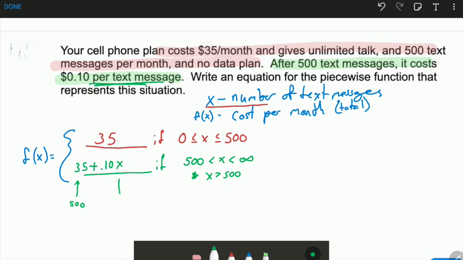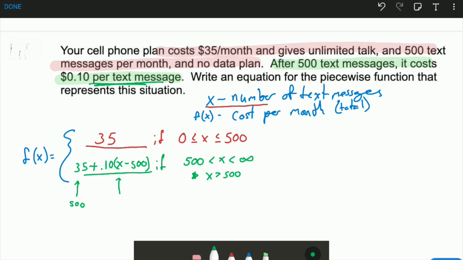If we just put it as is, that is going to be charging us for the 500 text messages twice. So in order to fix this, we need to subtract the 500 text messages that are included with the base plan so that we're not counting them twice when we actually start using the second formula.